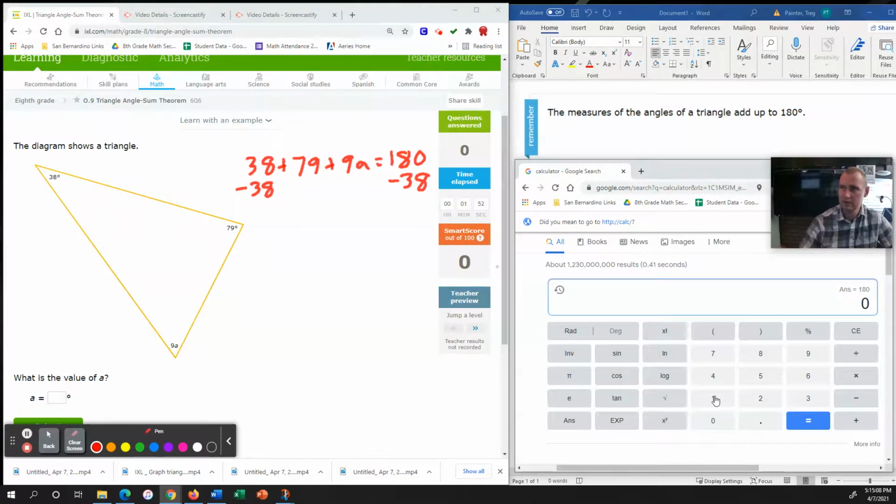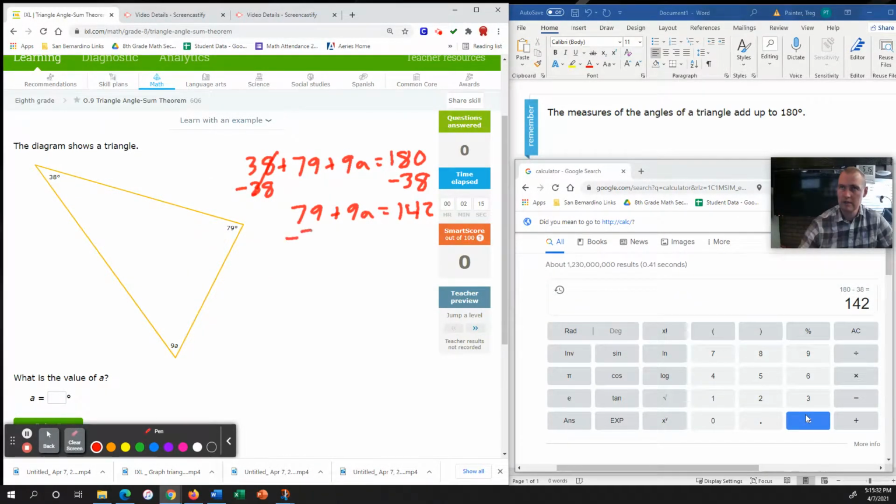So using our fabulous calculator here, we're going to do 180, subtract out 38, which gives us 142. So our 38s are out. Therefore, we got 79 plus 9A comes down equals 142.